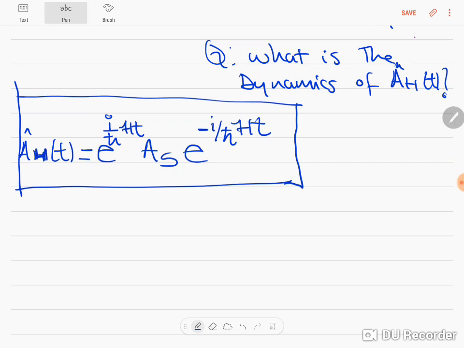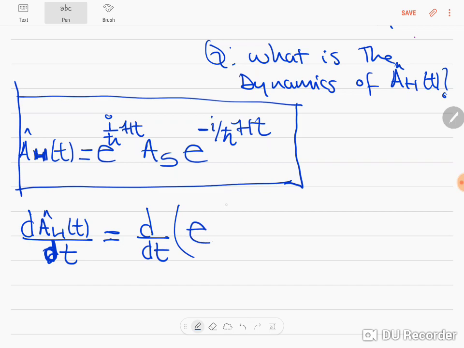To derive such a differential equation, we just take the total derivative of A sub H, which is equal to the total derivative of e to the i over h bar Ht, the operator A in the Schrödinger picture, times e to the minus i over h bar Ht.